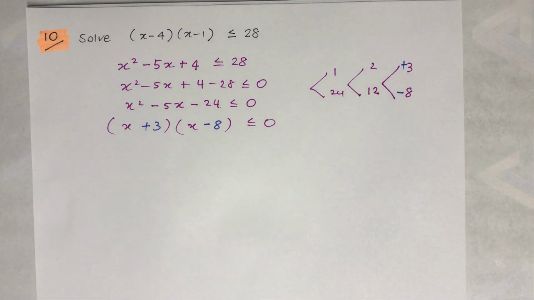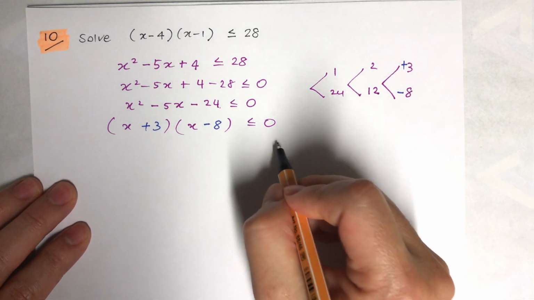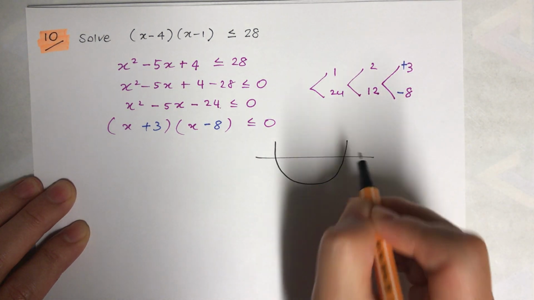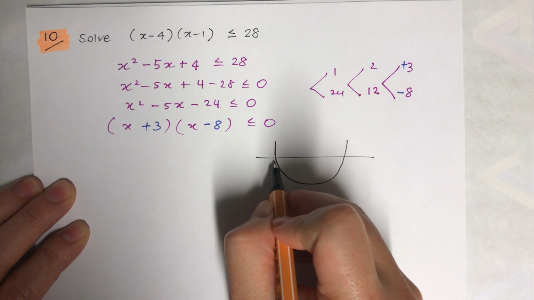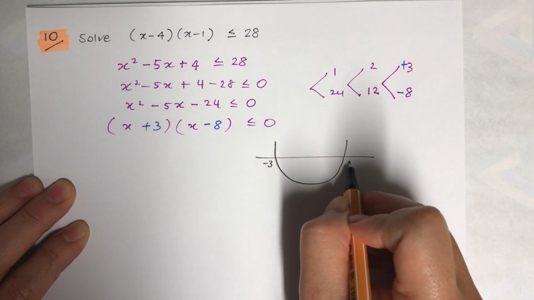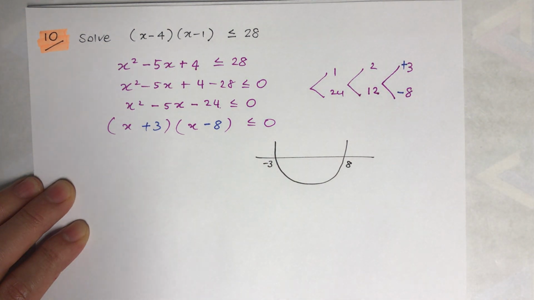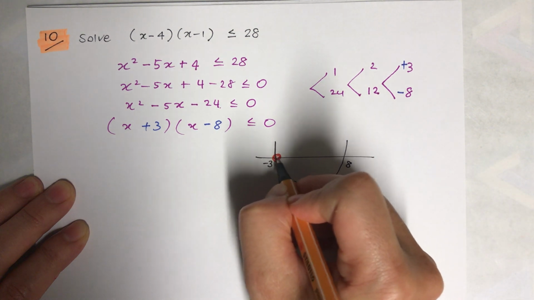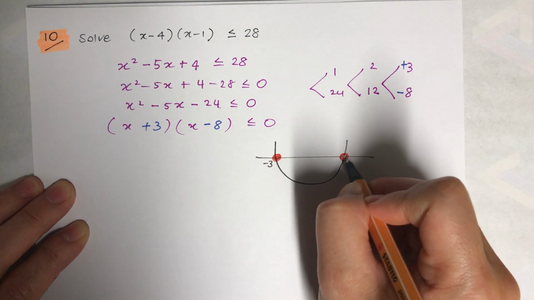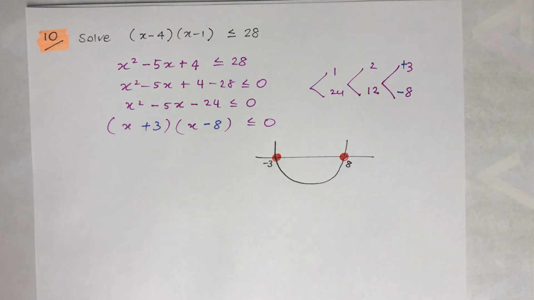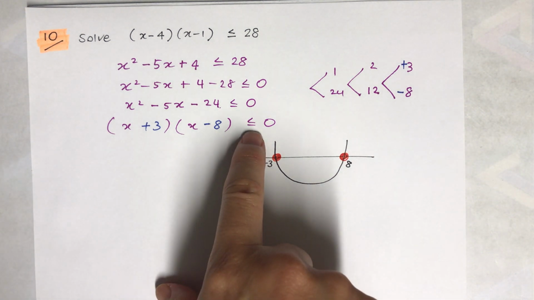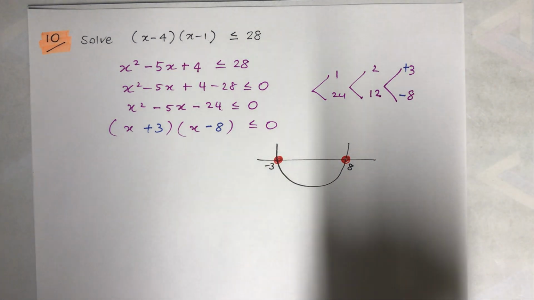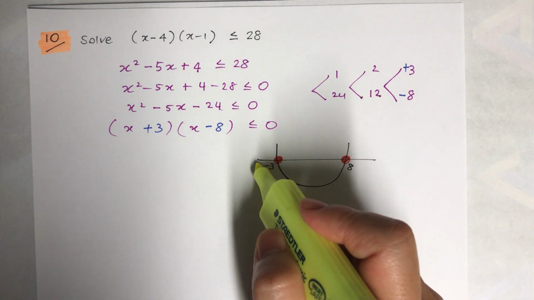Now, this is a parabola, okay? So parabola, my critical points are minus 3 and 8. And they're both included because it says equal to, and it's less than 0, so it's all down here.